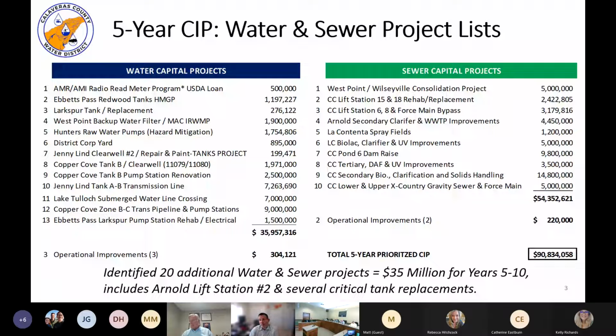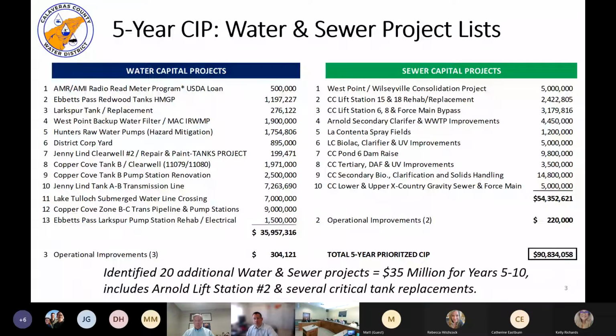Yeah, it's a great question. It's something we've talked a lot about because I pulled the room a couple of weeks ago, I think it was, with a bunch of engineering and operations staff. And I think it was pretty much unanimous that the Pond 6 dam raise is everybody's top priority on the wastewater side. But we also have at least one other potential source of funding for that project. And so at this point, the way we're looking at this is that we would not use bond proceeds to fund that project.